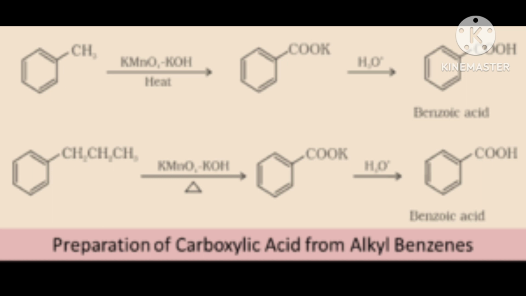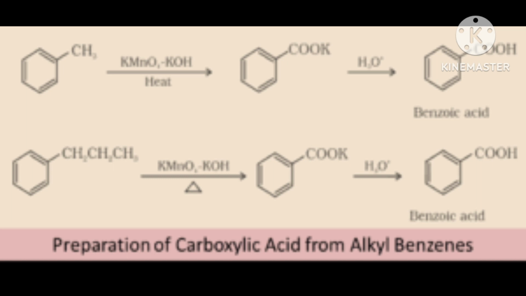Then CONH2 on hydrolysis directly converts to the carboxylic group, COOH. Then it will be known as benzoic acid. Means benzamide on hydrolysis will convert to benzoic acid plus ammonia gas. Correct? In both reactions ammonia gas will form.